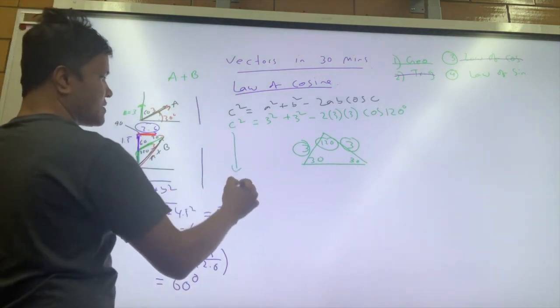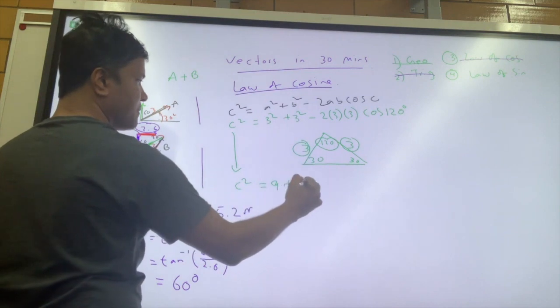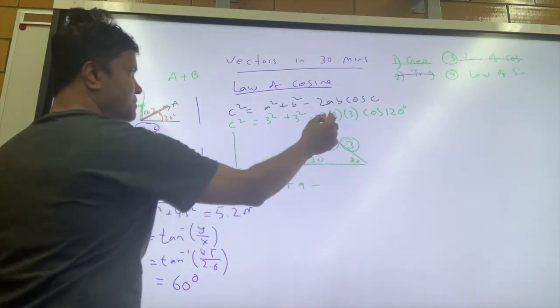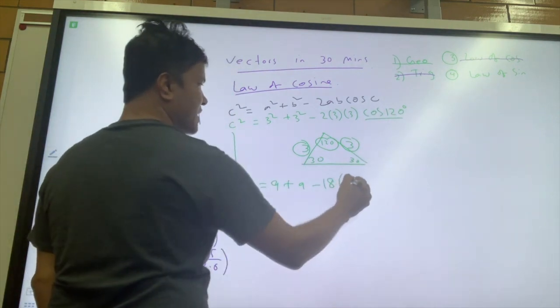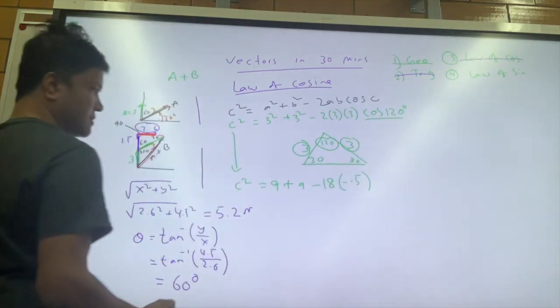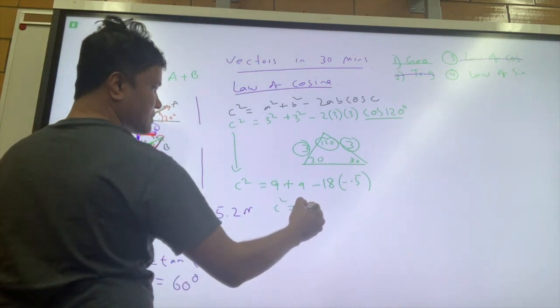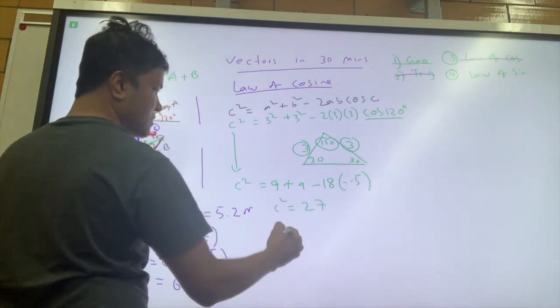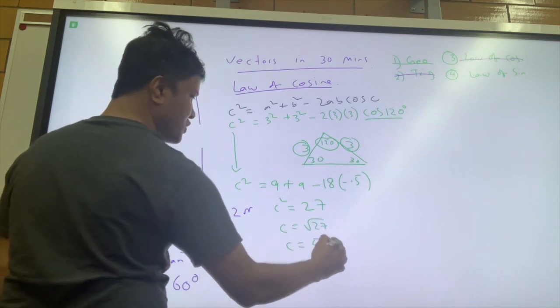So c squared is 9 plus 9 minus 18 times cosine 120, which is negative 0.5. So c squared is equal to 27. C is the square root of 27. So c is 5.2.